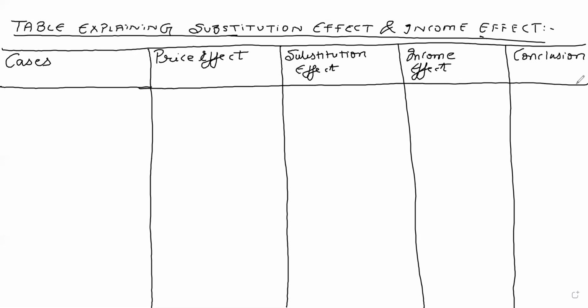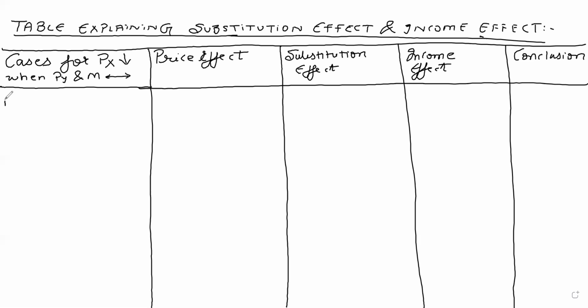So the case I am analyzing, I am doing the cases for price of good X falling when Py and income are constant. Let's look at the case when price of good X falls, price of good Y and income are kept constant.